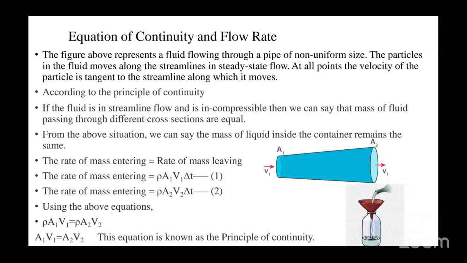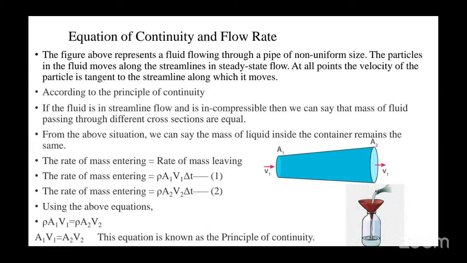So the rate of mass entering is density, area 1, speed 1, and the rate, that is time. Then the rate of mass leaving is the same. Density, A2, V2, change in time. Now, because we considered a condition that the fluid flow is incompressible, it means that the density is constant.